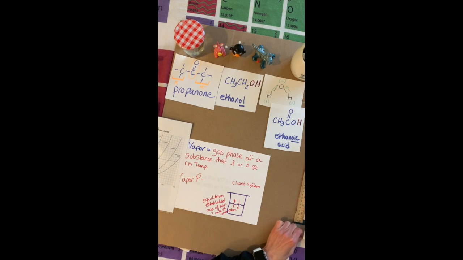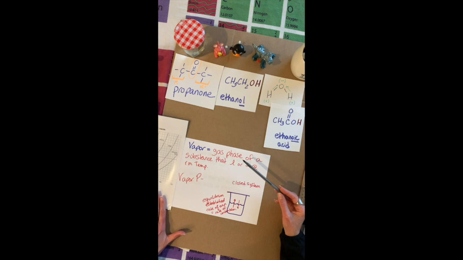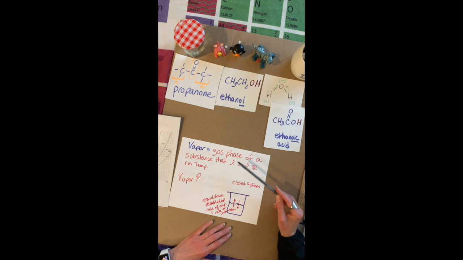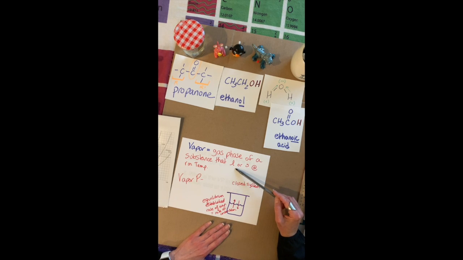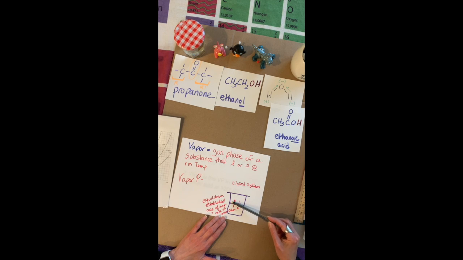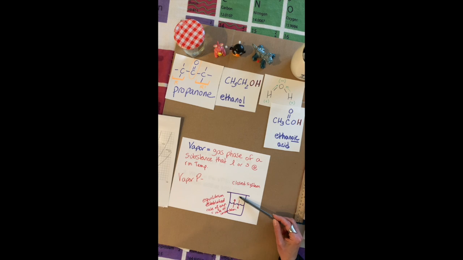This is a reminder from yesterday's lesson, and that is what a vapor is. A vapor is the gas phase of a substance that is liquid or solid at room temperature, and that vapor is that gas that forms above that liquid or solid.